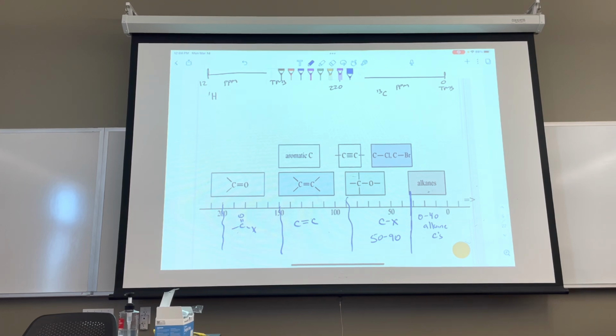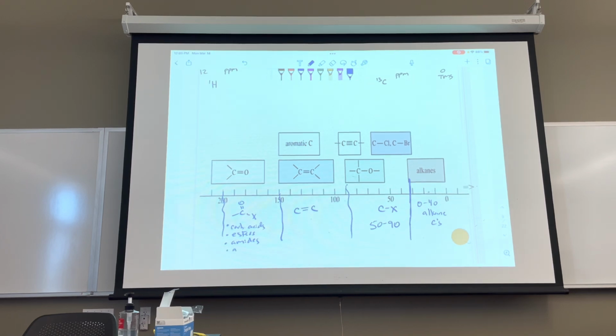Well, that's going to be your functional groups, things like carboxylic acids, esters, amides, what else do we have out there? Anhydrides. Okay. So any kind of a carbonyl functional group that has some sort of a heteroatom attached.